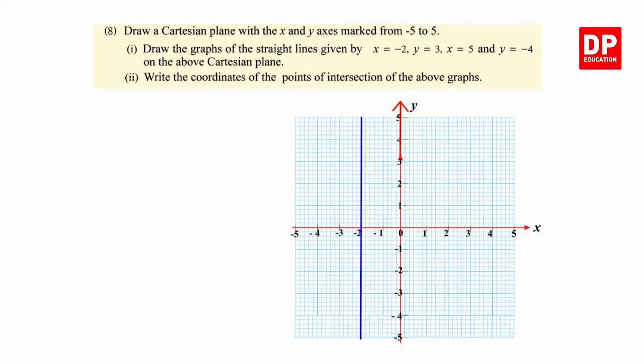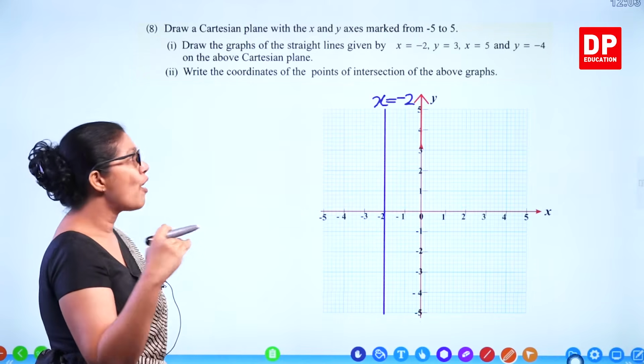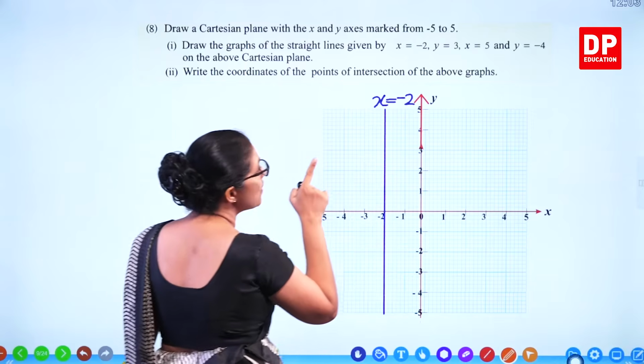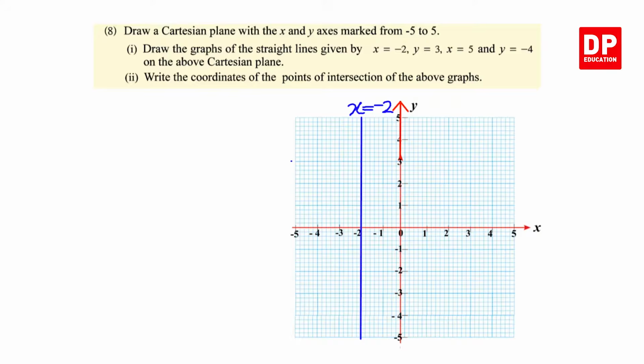The vertical line passes through the minus 2 value. Y equals 3 is a horizontal line, so we'll draw the y value here. It passes through the y equals 3 line, that's a horizontal line.